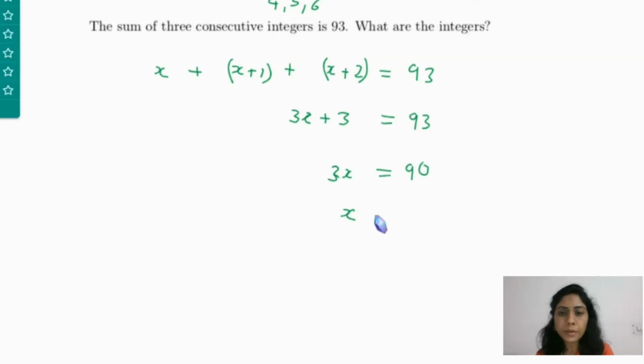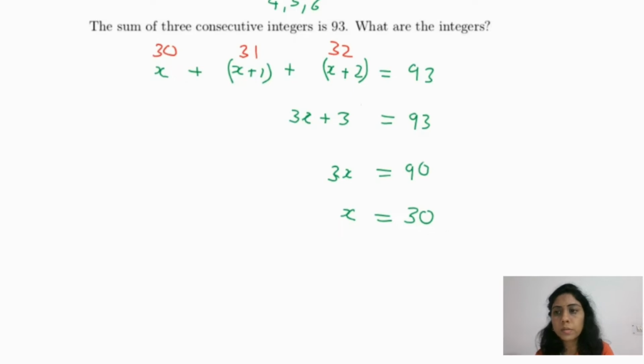So both side divide by 3, we get 30. So what is our first answer? What are the integers? 30, 31, 32. Okay.